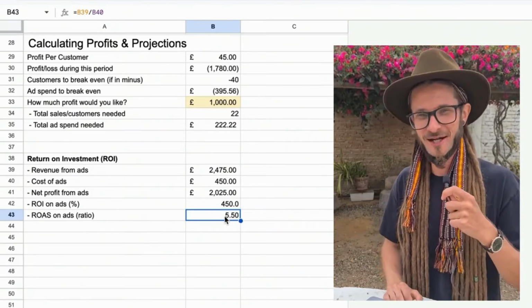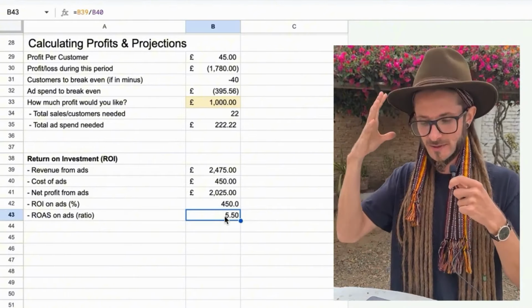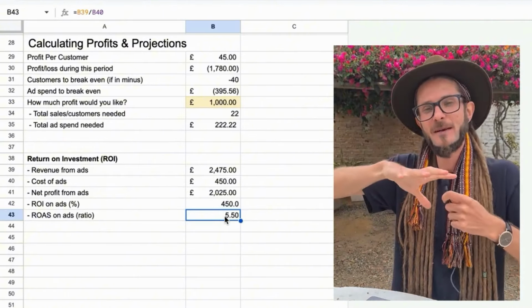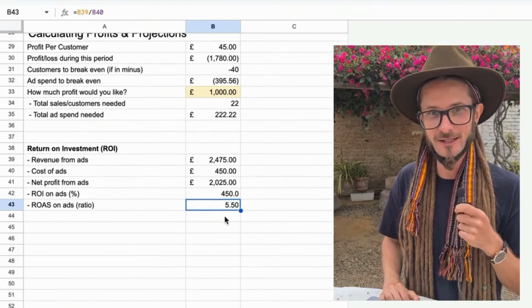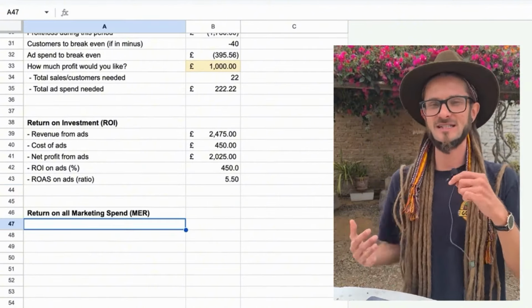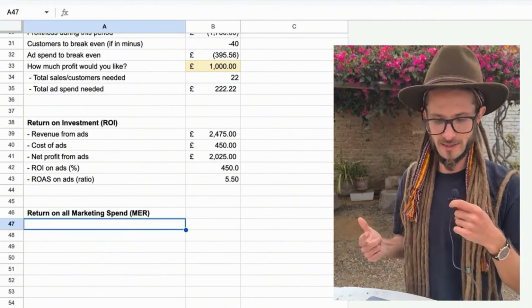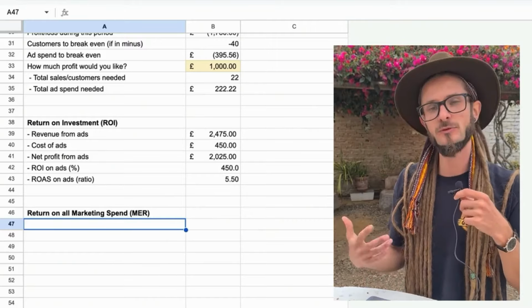The final section that I'm going to be adding here is something which isn't necessary to do specifically with ads, but if you're looking at the marketing machine and the marketing mix in general, this is what you would do to calculate those. Okay, so I'm going to add those bits in here. A little bit here, guys, is going to amalgamate some of the previous data that we've got. We need one extra data input, but I'm going to add in all the fields that we need to calculate the return on all of the marketing spend.